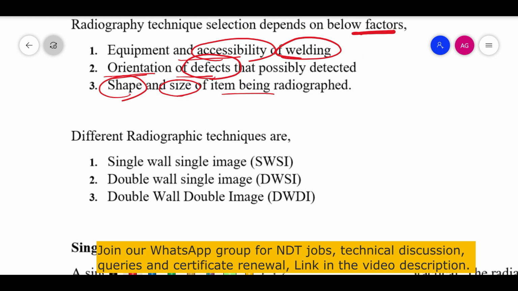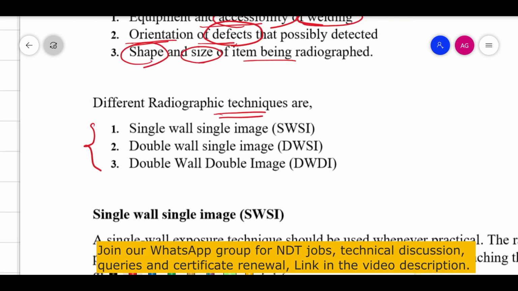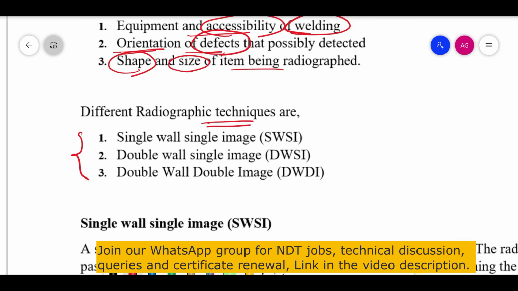There are three different types of radiography techniques. Actually there are multiple, but I have divided them into these three, and after that we will also discuss the subdivisions. First one is the single wall single image technique, in short SWSI.